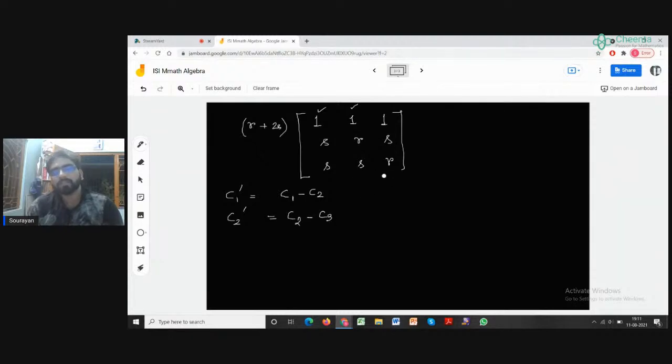What do these operations get me from this matrix? Applying these two operations, I have 0, 0, 1; S minus R, R minus S, S; 0, R minus S, R.